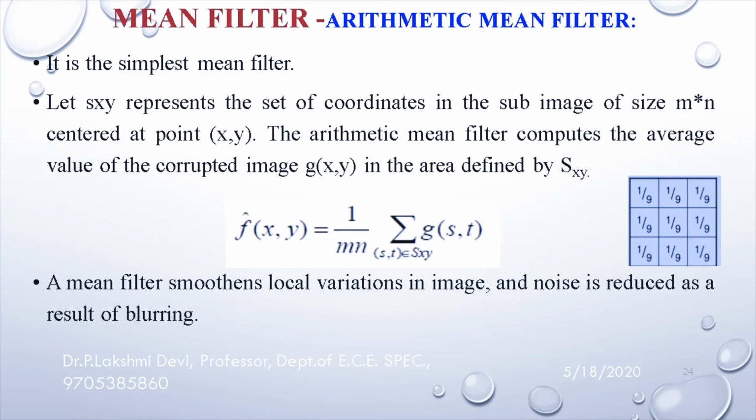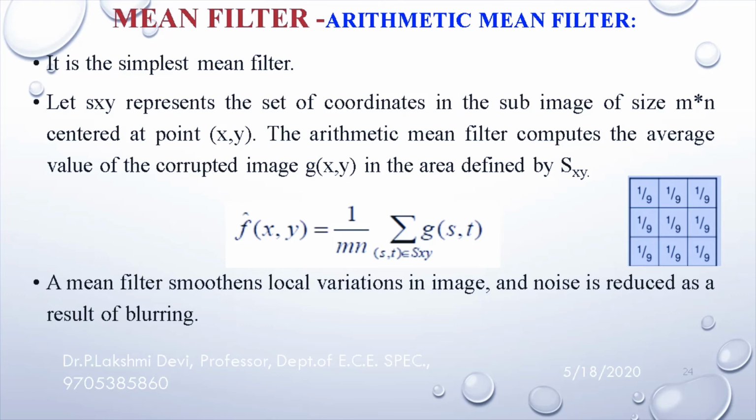1 by mn, sigma over st belonging to Sxy. Here st is a spatial location of the pixels in that sub-image, and Sxy represents the coordinates of the sub-image.